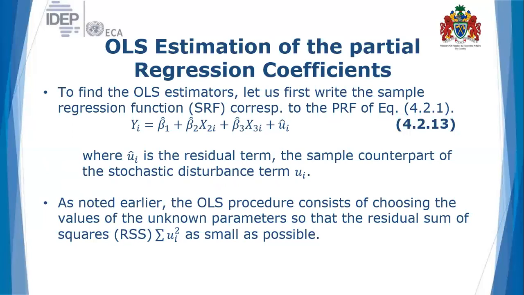So we have yi is equal to beta hat 1 plus beta hat 2 x2i plus beta hat 3 x3i plus the estimated error term u hat i, where u hat i is the residual term, the sample counterpart of the stochastic disturbance term ui. As noted earlier, the OLS procedure consists of choosing the values of the unknown parameters so that the residual sum of squares is as small as possible.